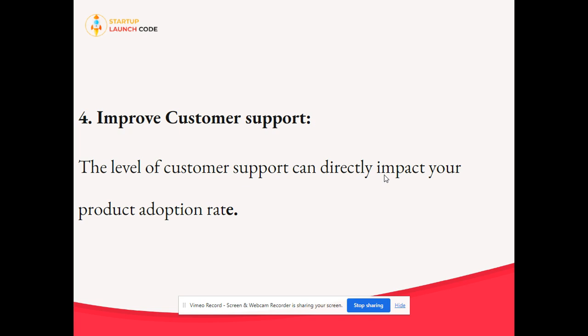You should be able to respond to your customers' problems and inquiries in a very short time, because the longer they wait for your response, the more discouraged they are to continue with your product. So you need to improve your customer support if you really want to improve your product adoption rates.